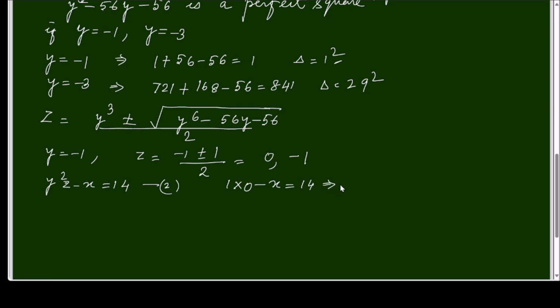So this gives x is equal to 14. Sorry, x is equal to minus 14. That means x is equal to minus 14, y is minus 1 and z is equal to 0, one value.